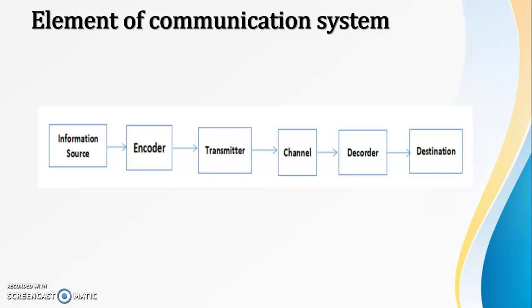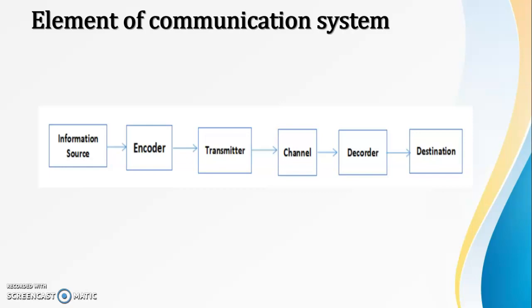If we draw a simple communication system, the source is the unit which generates information, then it is converted to a suitable form for transmission. The unit which is responsible for the task is called the encoder. Then for long distance communication, a transmitter is used. That means if the communication is done over a very long distance, then a transmitter is required.